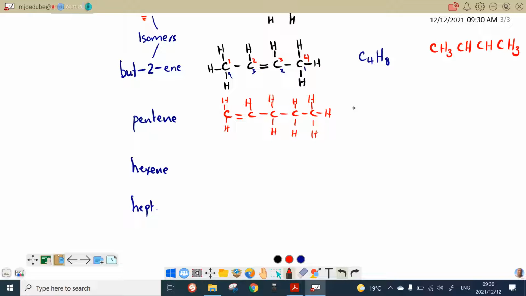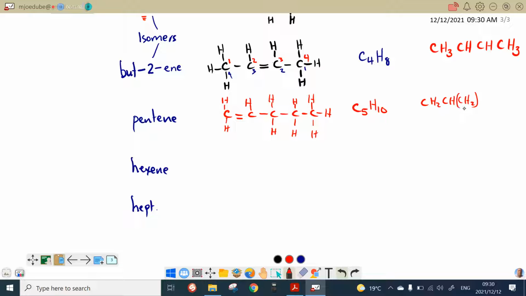And the formula would be C5, and then this should be H10. Count 2, 4, 6, 8, 10. And the condensed formula would be CH2, CH2, and then CH, and then CH2, CH2.